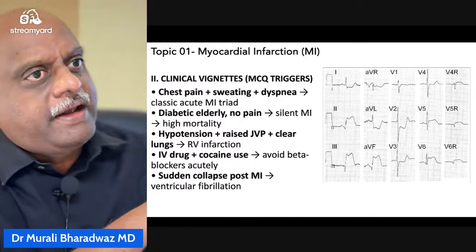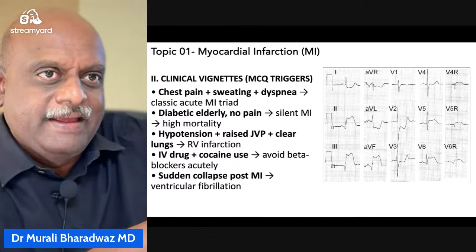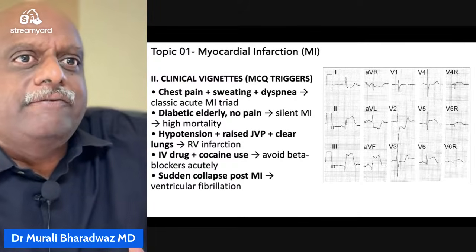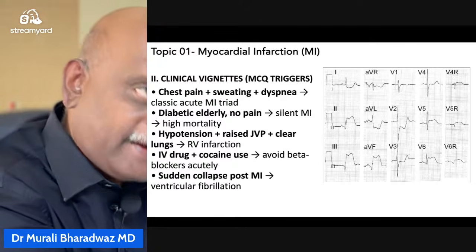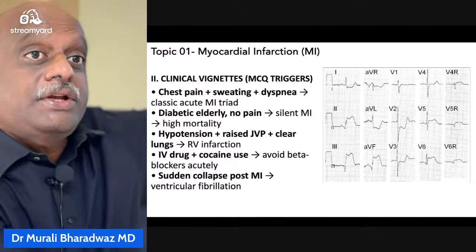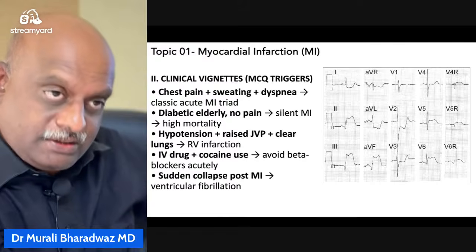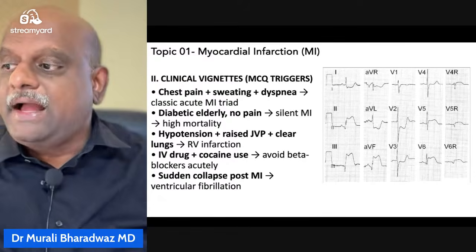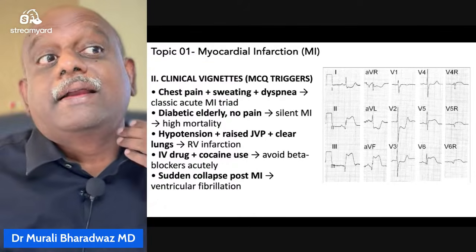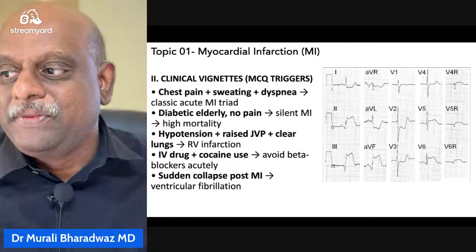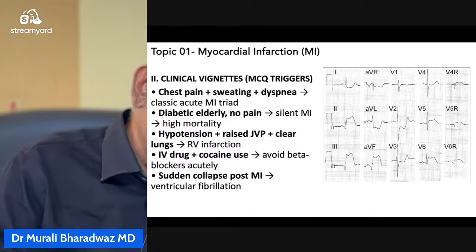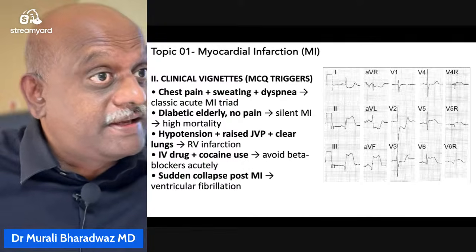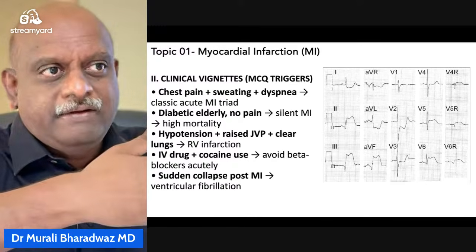Whereas right ventricle is drained by right atrium. What drains into right atrium? SVC, IVC. So any right ventricular infarction will lead to congestion in right atrium, that leads to congestion in SVC, IVC, that leads to development of raised JVP. So hypotension, raised JVP, but clear lung fields is equal to RV infarction.